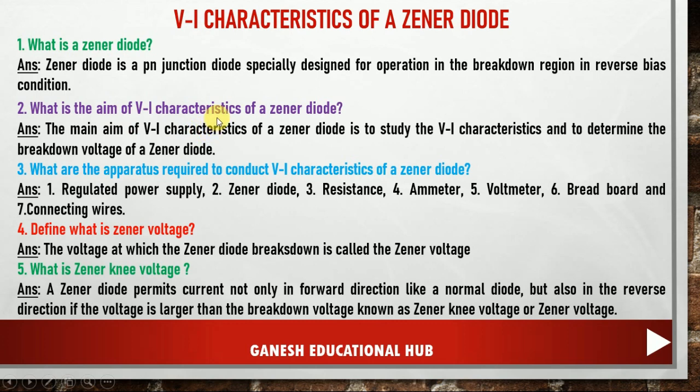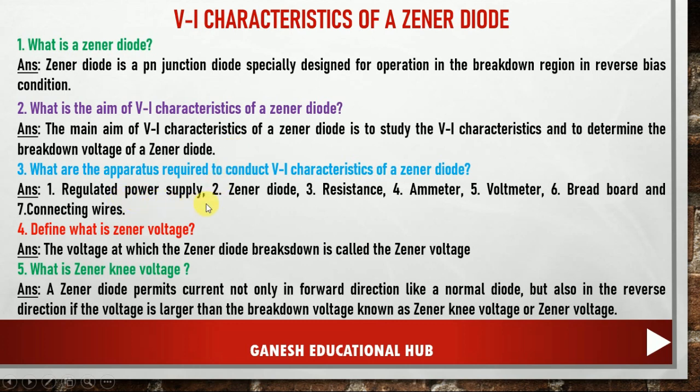What is the aim of VI characteristics of a Zener diode? The main aim is to study the VI characteristics and determine the breakdown voltage of a Zener diode.